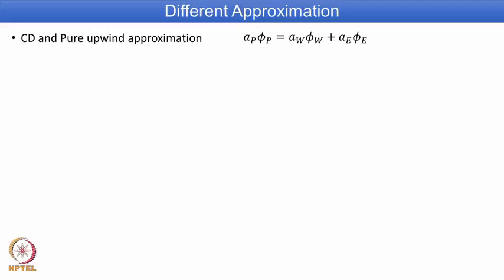For both the CD type as well as the pure upwinding scheme, the finite volume discretized equation is written as shown: AP phi P equal to AW phi W plus AE phi E. As we said many times before, P is the node of interest, and for the 1D case it runs from left to right, and AW and AE are the neighboring node coefficients. So, the node of interest coefficient AP is related to the neighboring node coefficients.